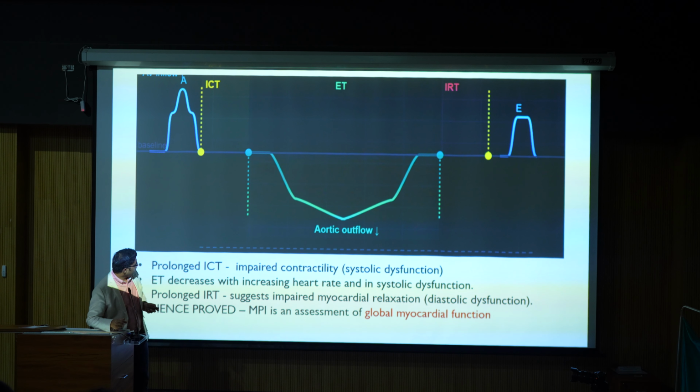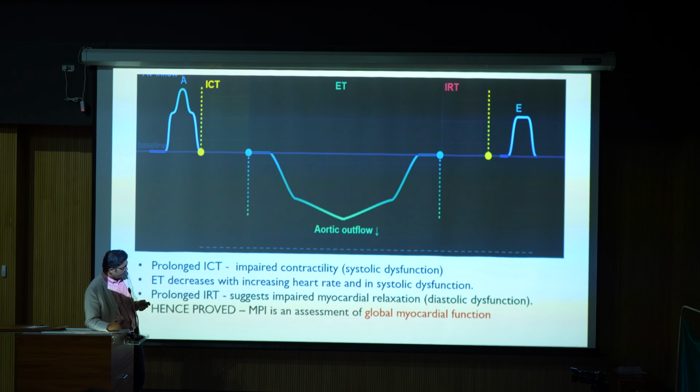So again, the same thing. You can see that if there is a prolonged ICT, isovolumetric contraction time, that means there is impaired contractility, so there is a systolic dysfunction in the fetal heart. Decreased ejection time will be there because of the increased heart rate and the systolic dysfunction.